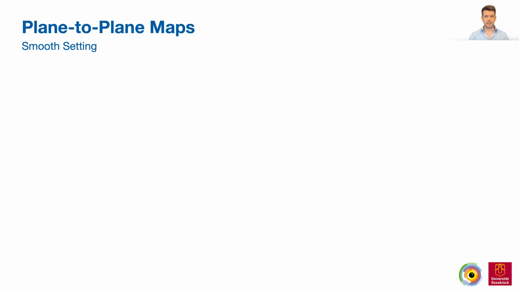Before considering the case of a map between 2 surfaces, let's start by looking at the somewhat simpler case of a map from the plane to the plane. It is of course closely related, but we can forget about curvature, embeddings, or topology for a moment. So we have the 2D Euclidean plane, or a bounded region in it, omega.